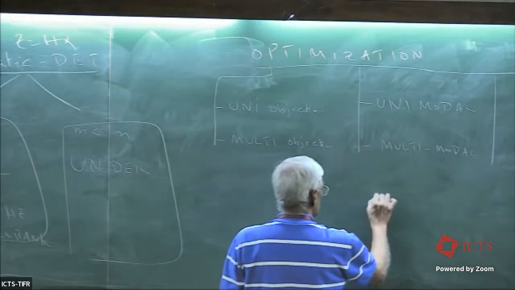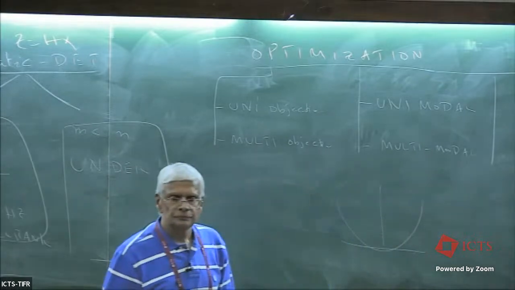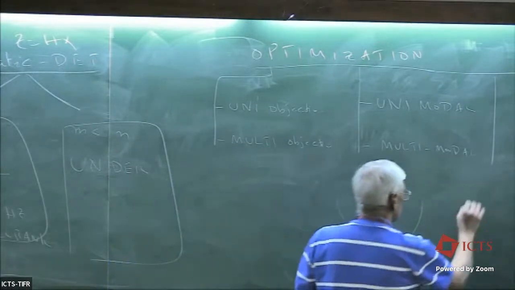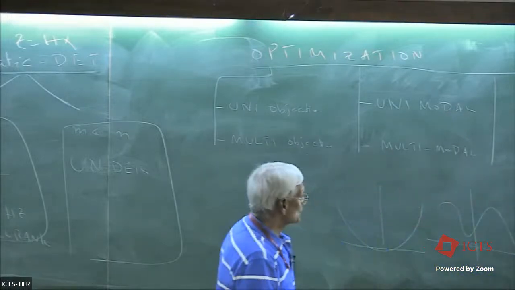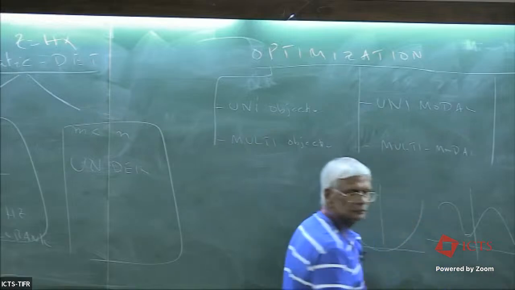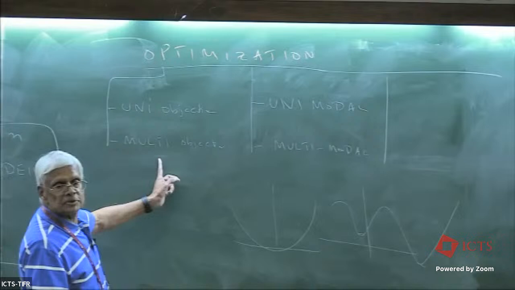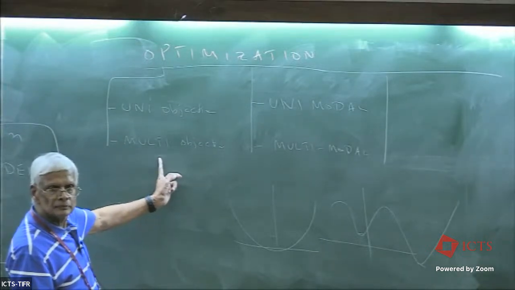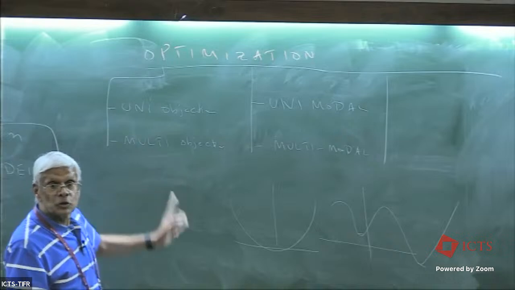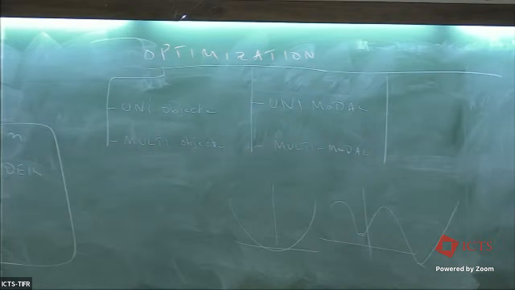The example of a unimodal function is a parabola. What is multimodal? So I have this minimum and this minimum. What is uni-objective, multi-objective? We already talked about it. Every engineering design is multi-objective. So engineers have a much harder problem than problems in meteorology.